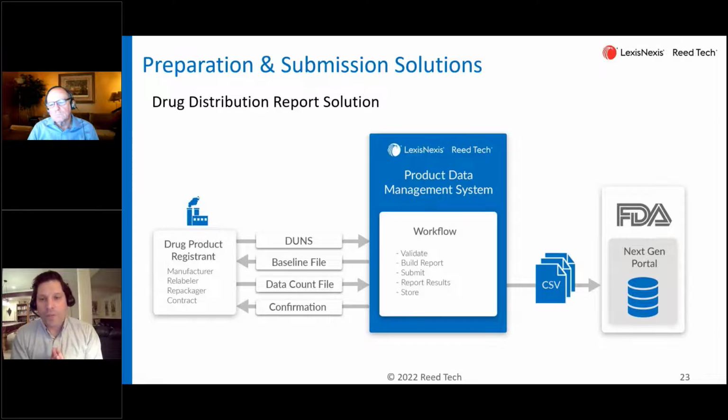But really what we assist our clients with and what we can assist industry with is making sense of the data elements that are all there, right? We are experts in the SPL XML. That's the method of the electronic drug registration listing process. The core concept is discovering all of the manufacturing facility DUNS numbers and the business operations that are part of each of our drug listings that register our NDC codes.